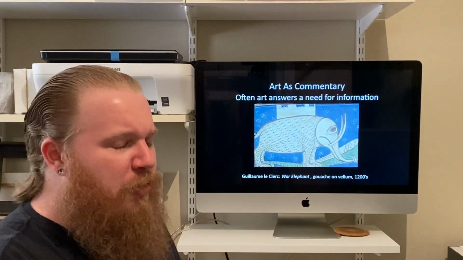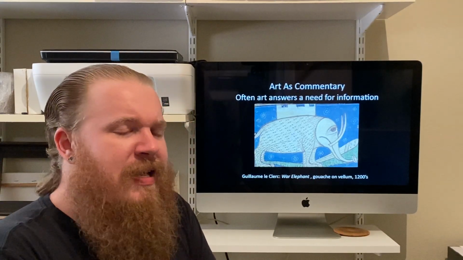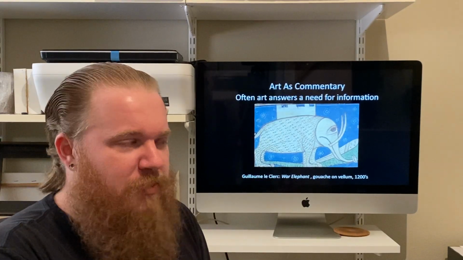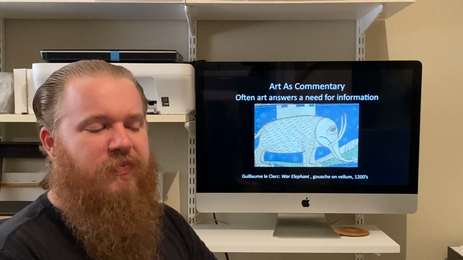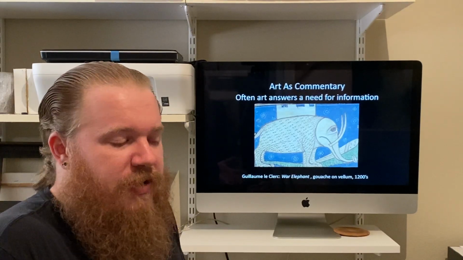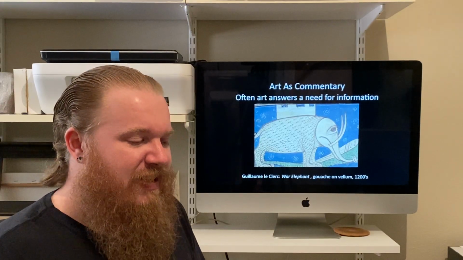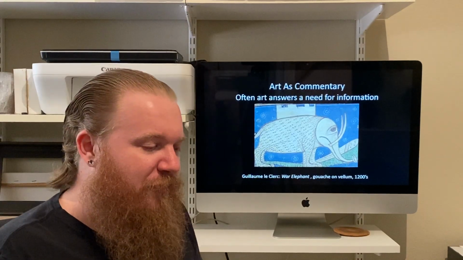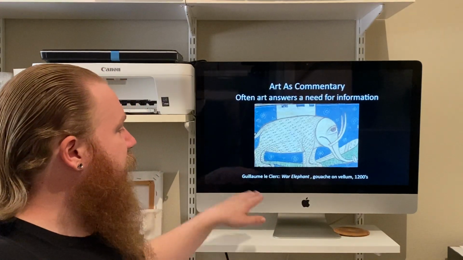Now, aside from recognizing beauty or bringing delight, another major aspect of art is art being used for commentary, to comment on some specific event or something that's happening in society or history. And so often art answers a need for visual information. And in truly interesting ways, this isn't always accurate. So here we can see a war elephant from a French illuminated manuscript from the Middle Ages, from the 1200s by Guillaume Le Clerc.